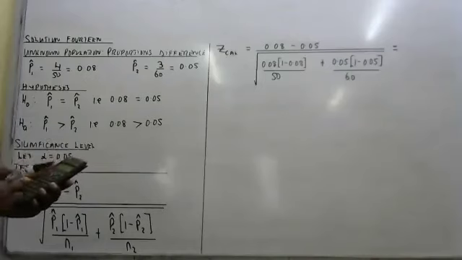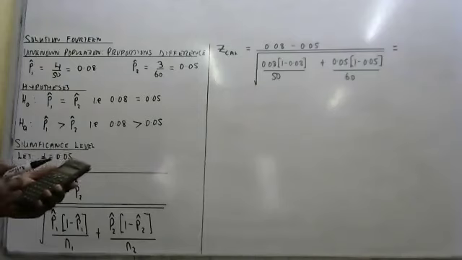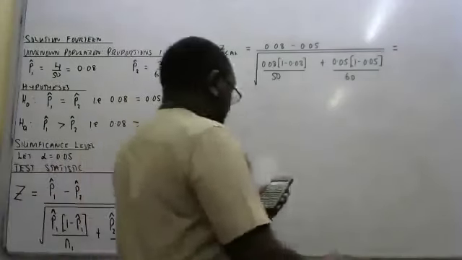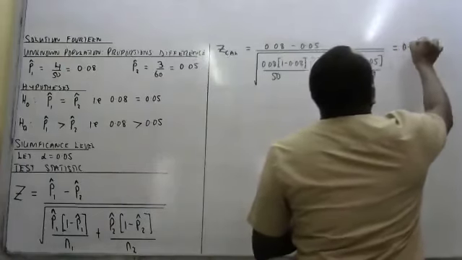I get the square root of the answer, then I reverse so that I multiply by 0.08 minus 0.05, and I'm getting 0.63.